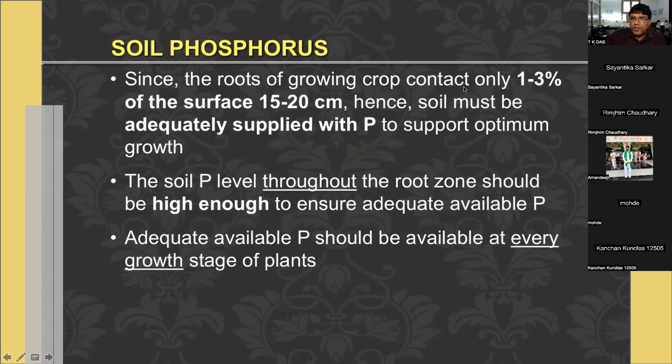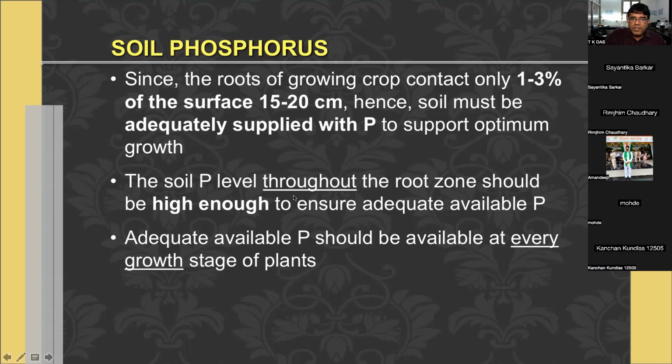The roots of growing crops contact only 1 to 3% of the soil. This is important, it means the root cannot explore the whole 100% volume of the soil. It is in contact with only 1 to 3% of the total soil in 15 to 20 centimeter depth. And soil must be adequately supplied with phosphorus to support optimum growth.